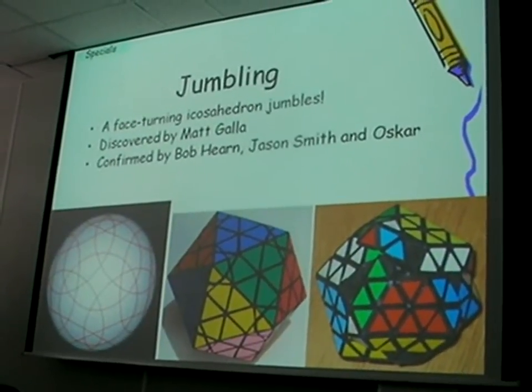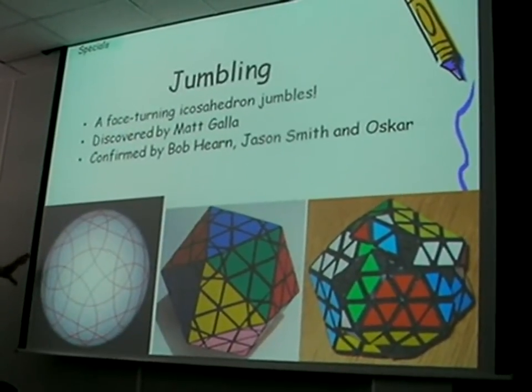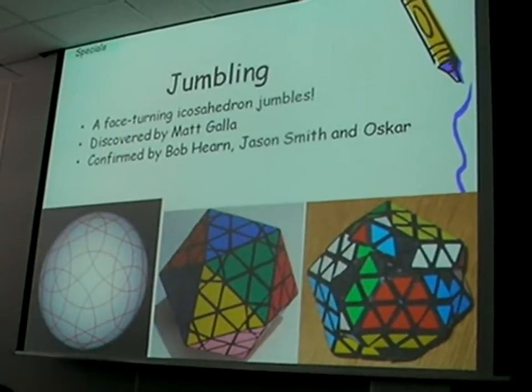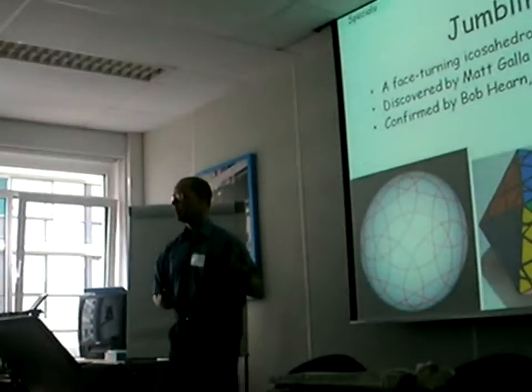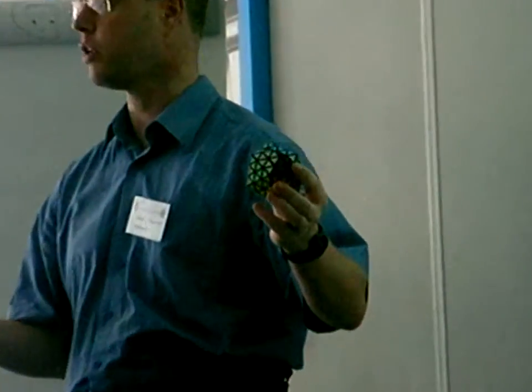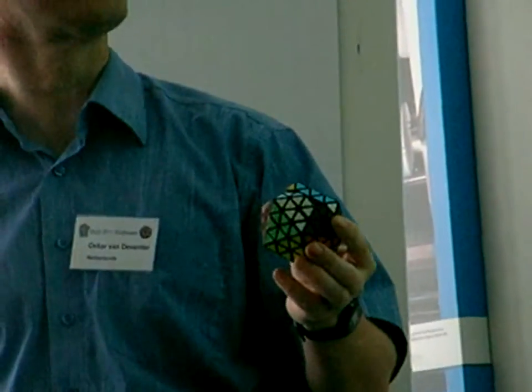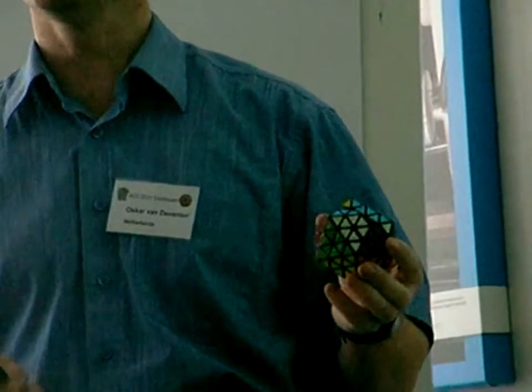One of the more exciting jumbling discoveries is the face-turning icosahedron, and I have one here. That's this puzzle. It's a logical extension of the rhombic dodecahedron, the megaminx, the Rubik's cube, the face-turning octahedron, and it was discovered by Matt Gala that it jumbles.